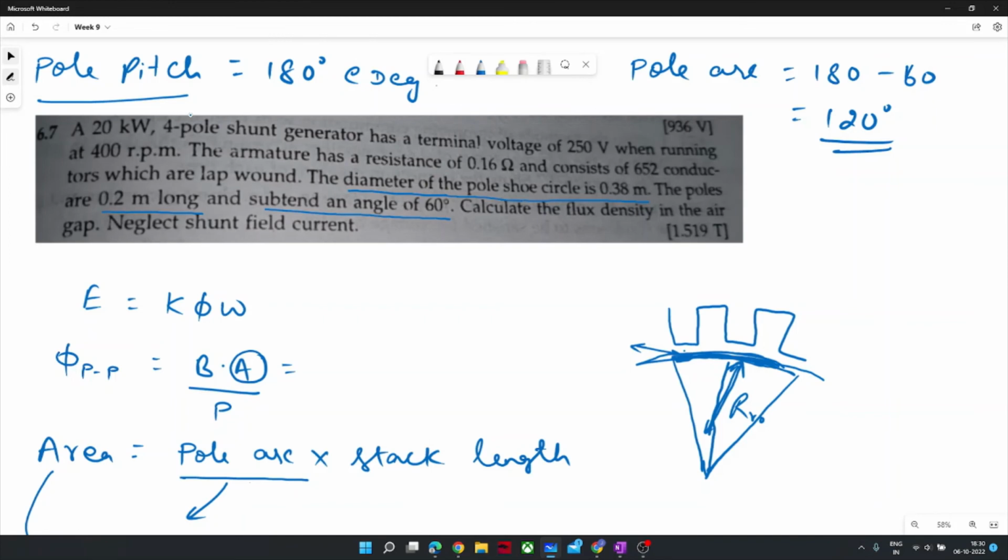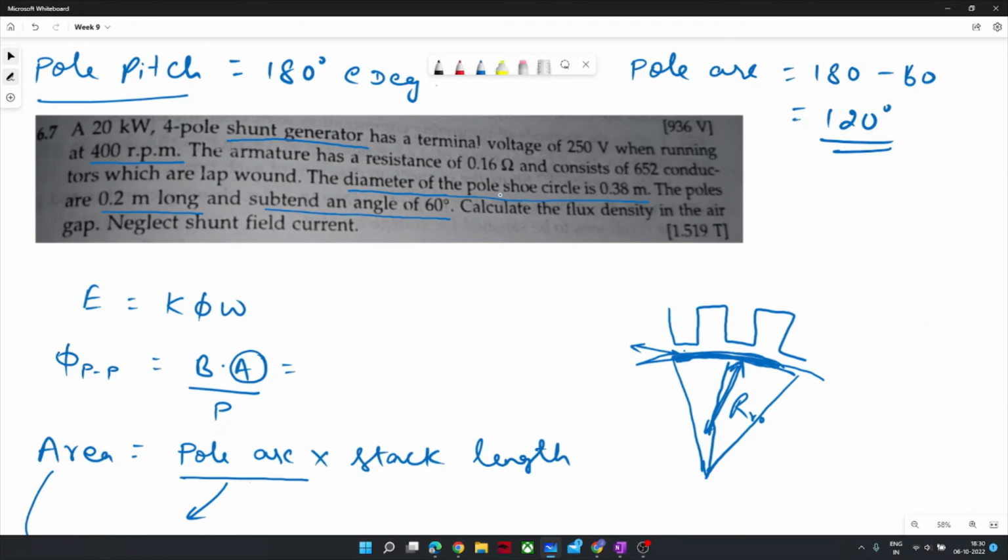Another concept was hidden in this problem. It is said that it is a shunt generator, so we need to perform a KVL in this circuit. Terminal voltage is given 250 volt, speed is given 400 RPM. We know one formula which relates speed and back EMF or voltage.